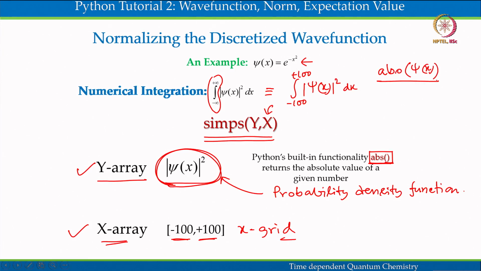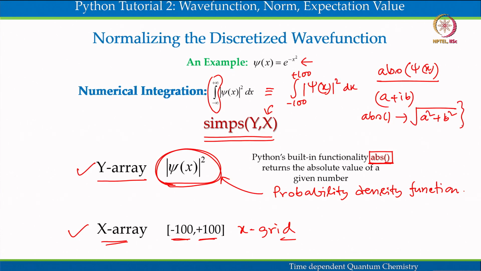Then I get the absolute value. What does absolute value mean? If the number is a complex number, let's say a plus ib, then abs will return its magnitude, which is the square root of a squared plus b squared. I will get this value.